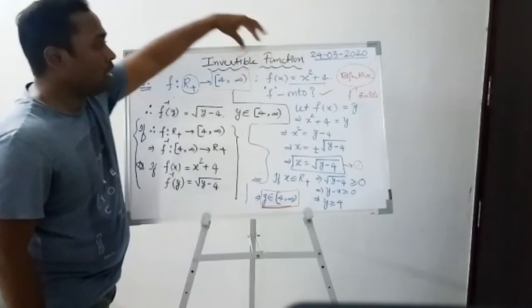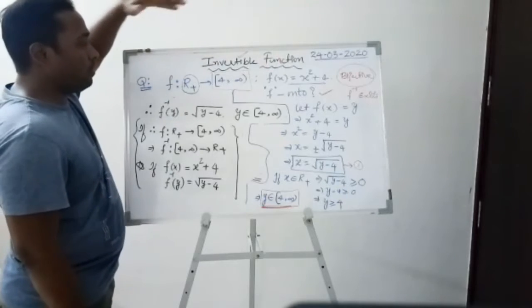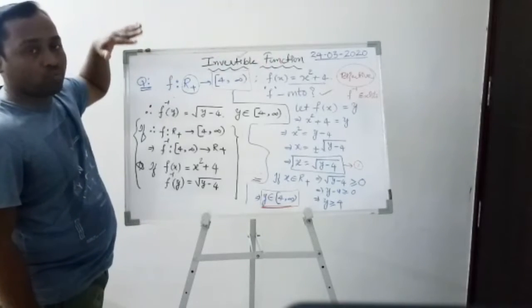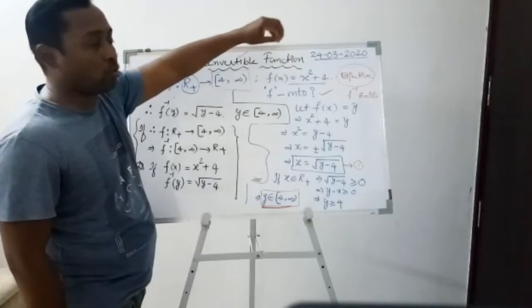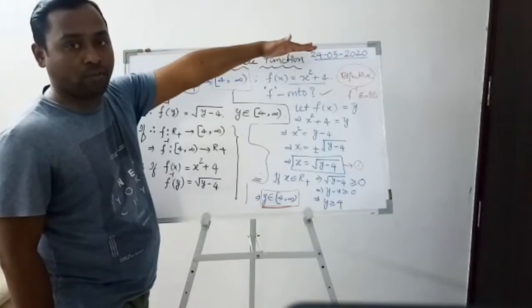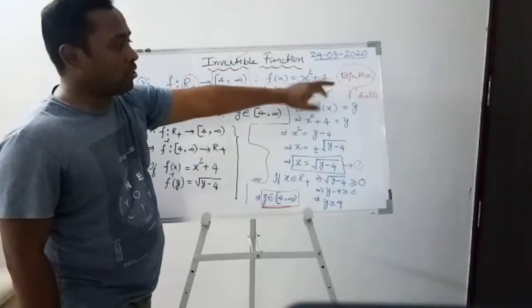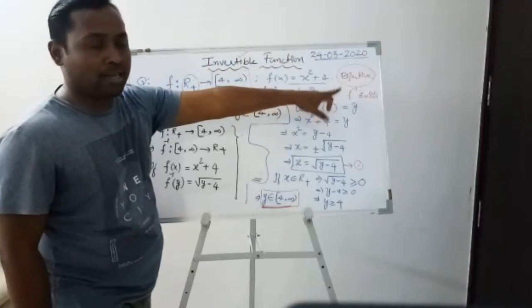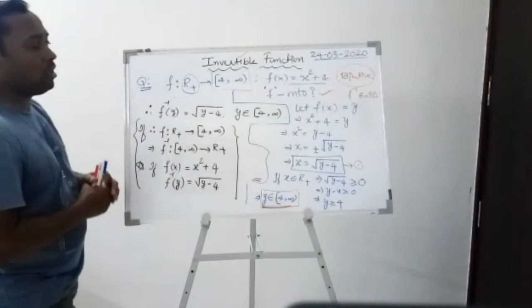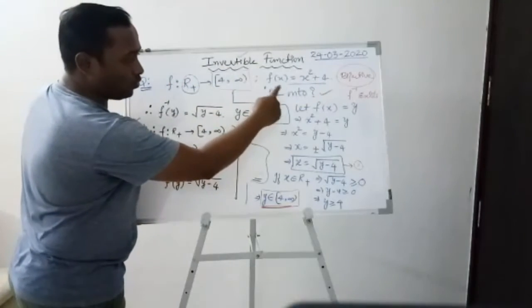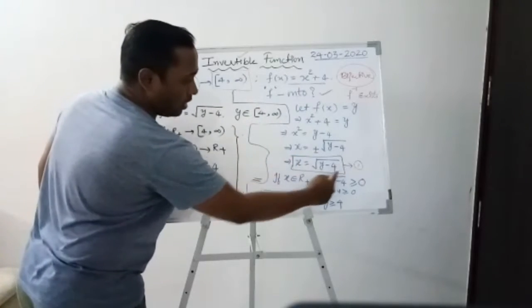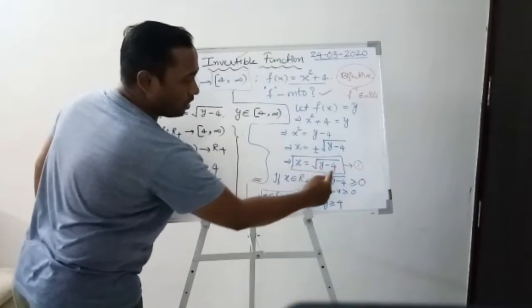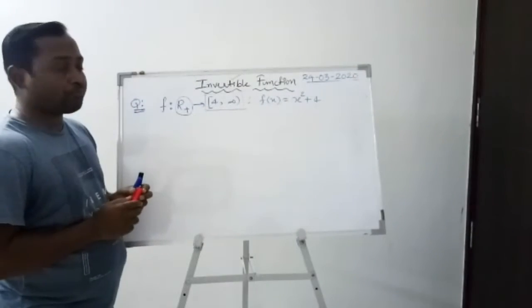Then we'll prove the given function is one-one and onto. Once you prove it is one-one and onto, we'll declare it is a bijective function. If it is bijective, it means its inverse exists. Its inverse can be found from the method which we have already done for onto. That is, here you can get the inverse function.